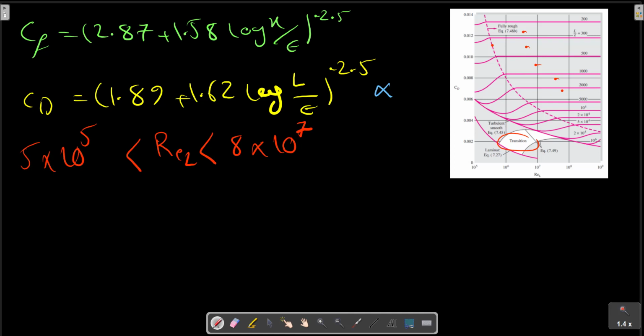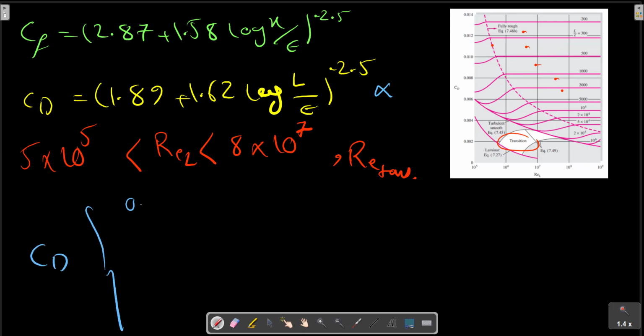Schlichting suggests the following curve fit for these transition drag curves depending on Reynolds number, namely Reynolds transition. And we have this coefficient for drag force according to the transition condition.